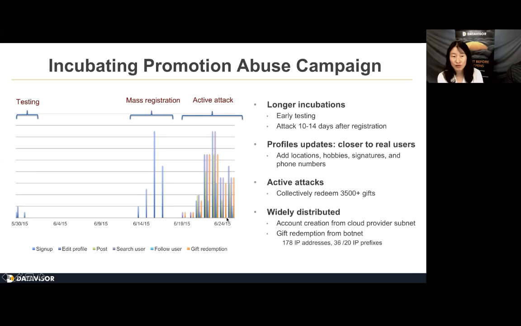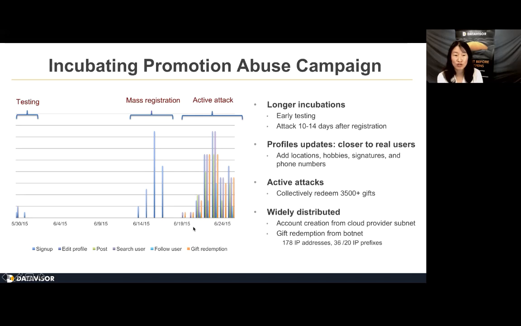If we look at this attack, the traditional approach finds it very hard to detect them. If you look at the blacklist approach, when this group of users signed up and conducted activity, they used distributed botnets and cloud providers. So it's very hard to tell these users are bad based on IP address reputation.